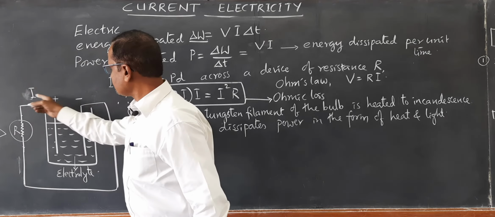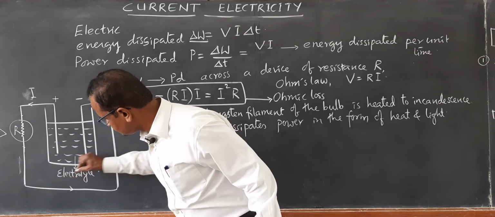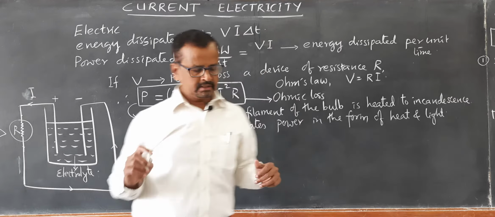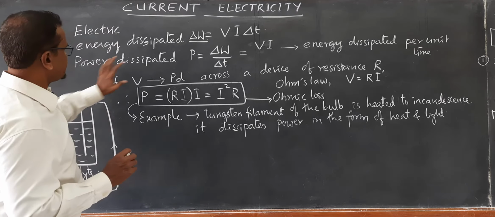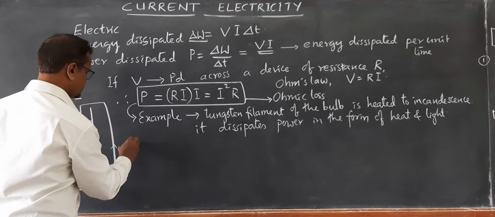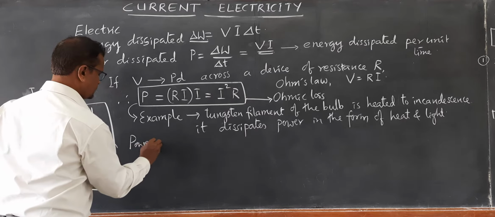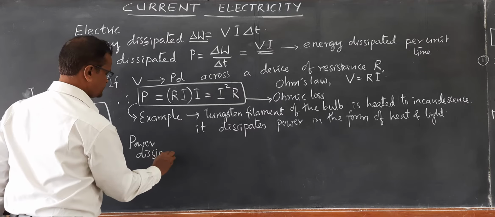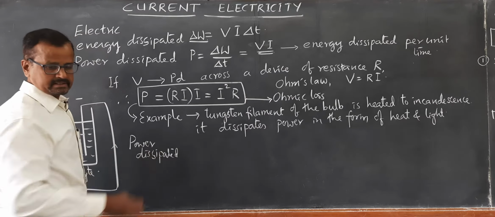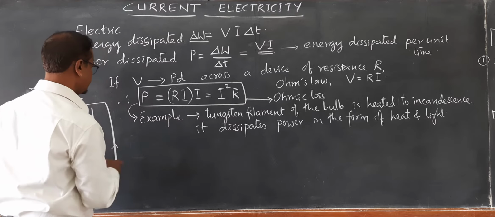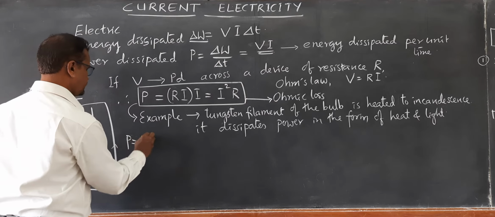So, when the current flows, immediately you will find the bulb glowing. Here the power dissipated in the bulb is given by V into I, that is P equals VI.